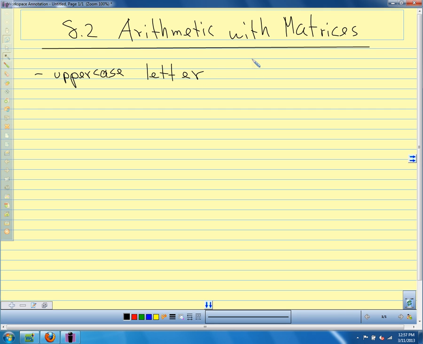So we would say matrix A, matrix B. So uppercase letter usually is going to be the way we write a matrix.